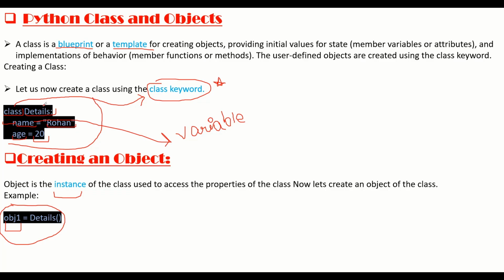So we can wrap this details class into an object. So this is called an object, an instance of the class. This is also a variable, and in this way we can create an object.